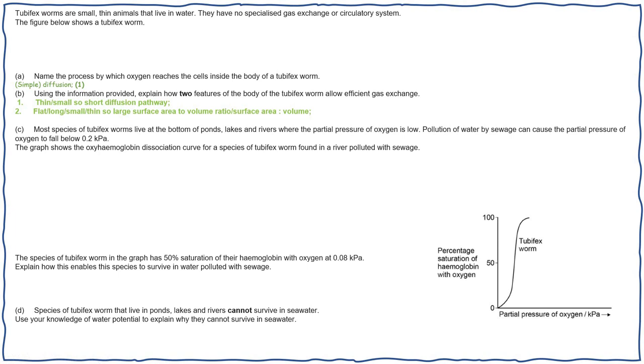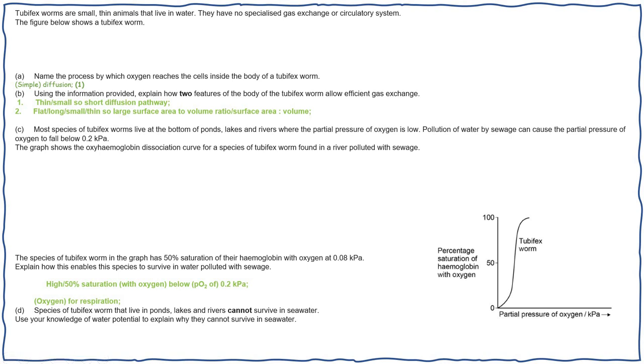Explain how this enables the species to survive in water polluted with sewage. This species has high saturation, 50% saturated at low partial pressures of oxygen at 0.2 kilopascals, and that is because oxygen is needed for respiration.